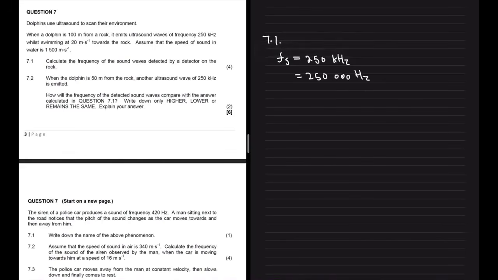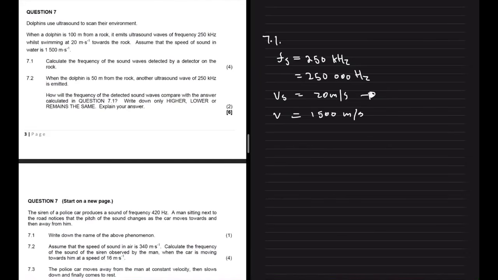While it's swimming at 20 meters per second, we know that the velocity of the source is 20 meters per second towards the rock. So let's just put an arrow there to denote that it is moving towards. Then the speed of sound in water is 1,500 meters per second.